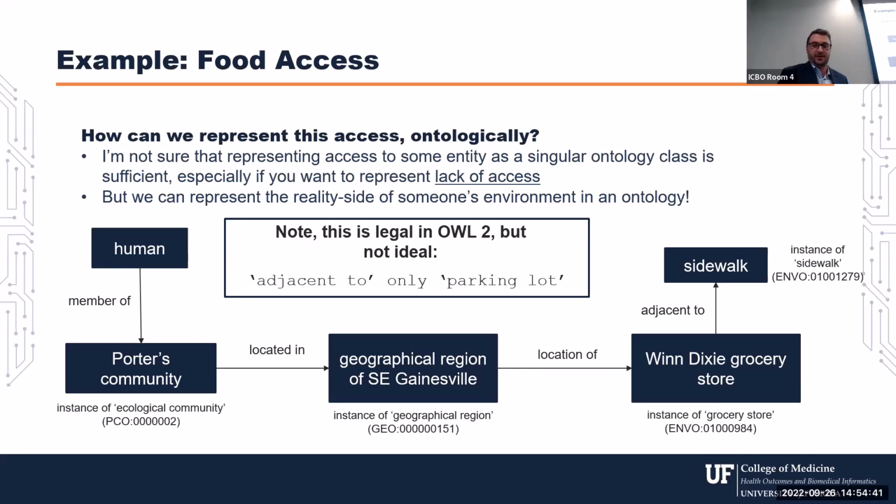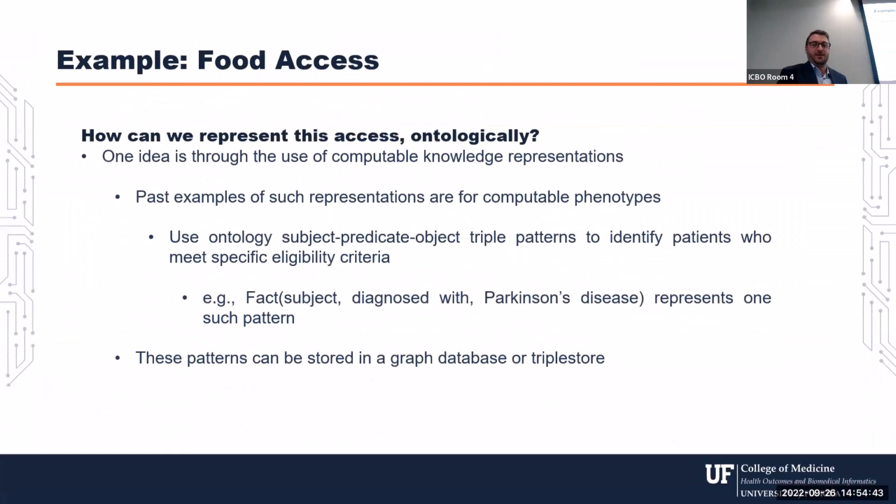All right, so moving on. Let's say you do have in your ontology these assertions, and you create these individuals, and you map out these relations between them. One idea that I had for what you can do with this ontology to identify people who have access to this stuff or don't have access is through the use of what are called computable knowledge representations.